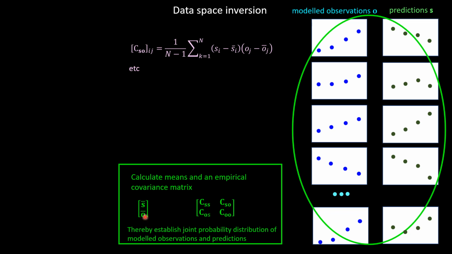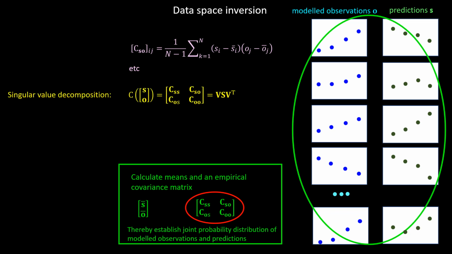Here, O is the outputs corresponding to field observations, S is predictions that we care about. Once I've built an empirical covariance matrix that links the measured past to the managed future, I can subject that covariance matrix to singular value decomposition.